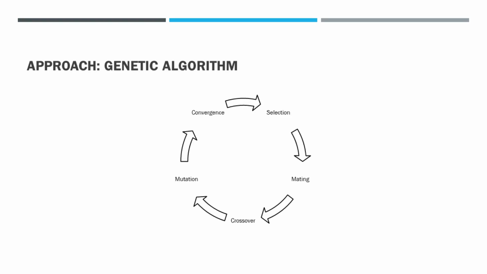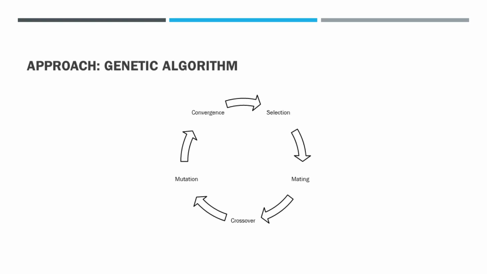Now let's talk a little bit about the approach. The first portion of the approach is running a genetic algorithm, or several populations of genetic algorithms, which we'll talk about later. Here you can see the general cycle for any genetic algorithm, with the additional arrow of the initialization going before the selection going into that circuit, and then after convergence you would typically see whether the stopping criteria has been met.